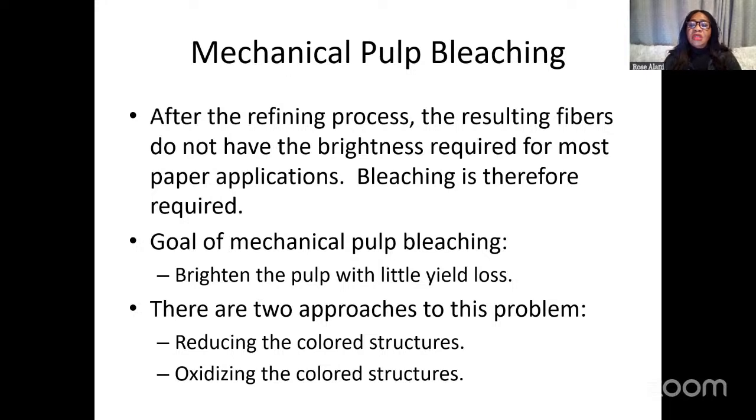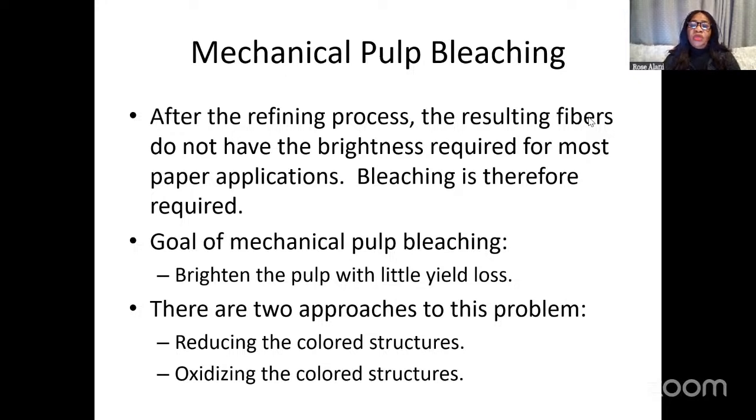So after the pulp refining, the fibers actually are not bright enough, so there's need for bleaching the pulp to have the desired brightness.